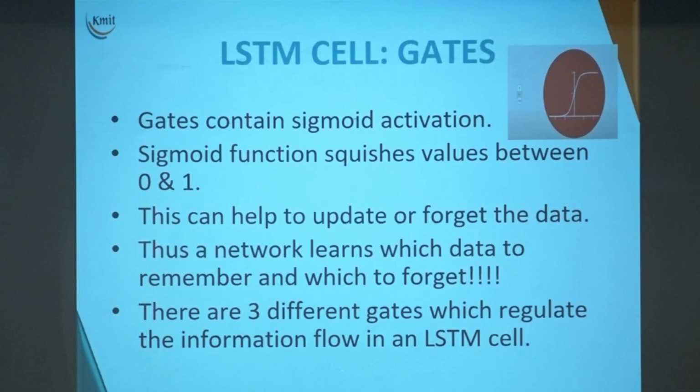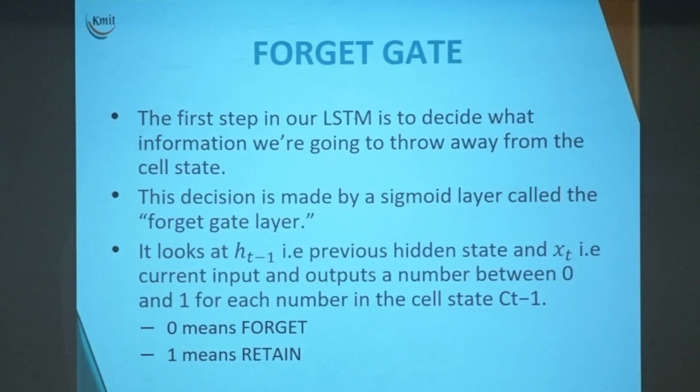Now, there are 3 different gates which regulate the information flow in an LSTM cell. The first one is a forget gate. The forget gate, this is also a sigmoid layer, because you will decide which information you want to forget, which information you want to keep. I am happy. What is the important information that you would like to keep here?